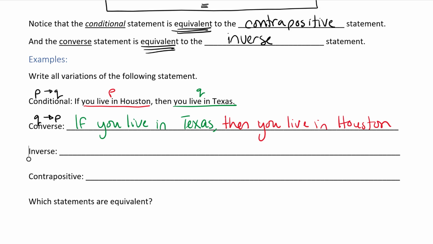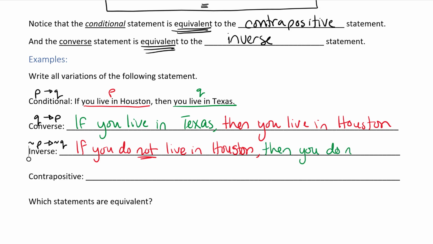So the next one, the inverse, is going to be if not P, that implies not Q. So the P is if you live in Houston. So if not P would be if you do not live in Houston, then you do not live in Texas. Okay.